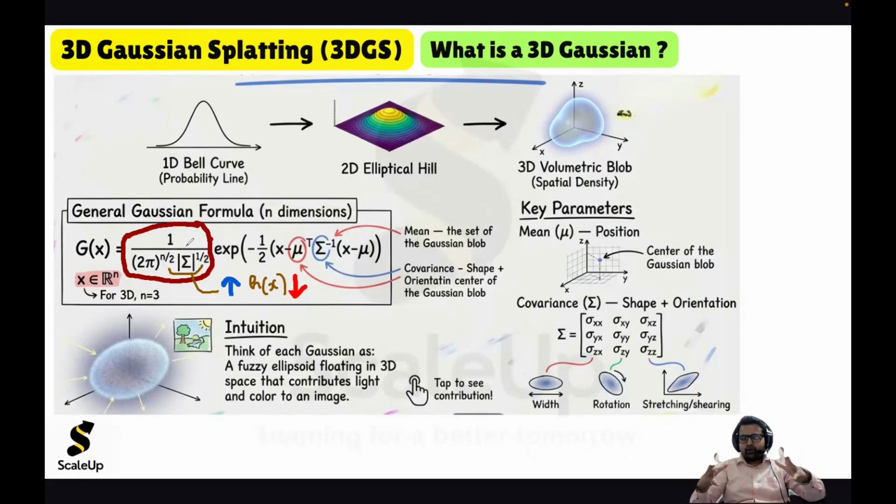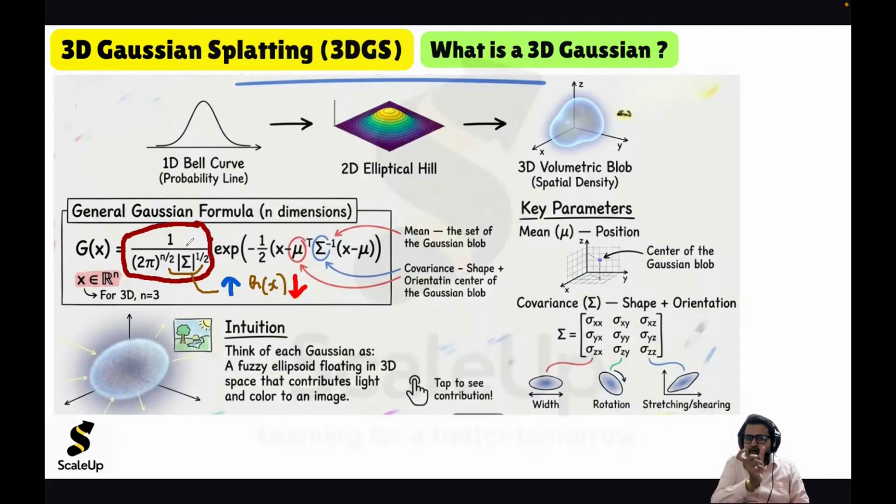If the variance is less, if the 3D Gaussian is thin and sharp, then the density has to be high. Like for all the coordinates, its amplitude will be very high. And if the variance is high, now this formula is giving us an idea of how it works.